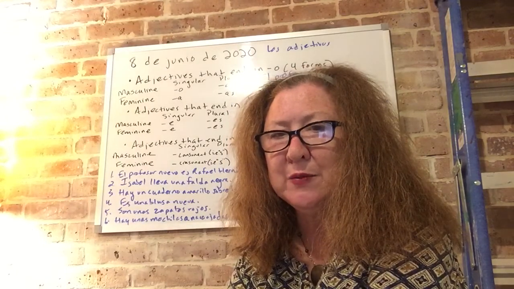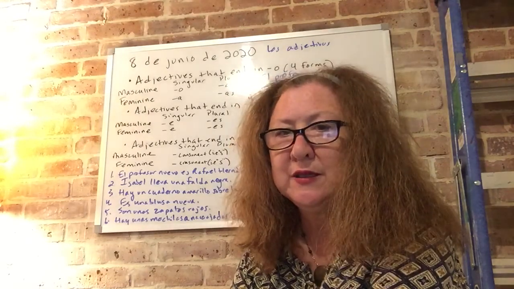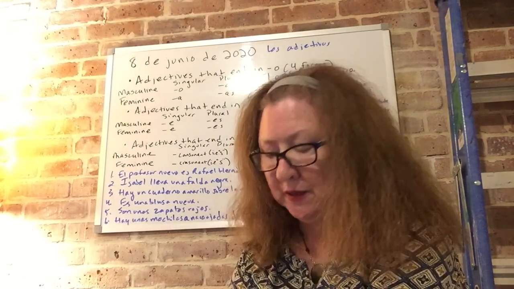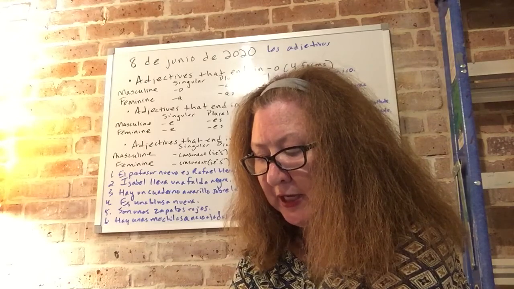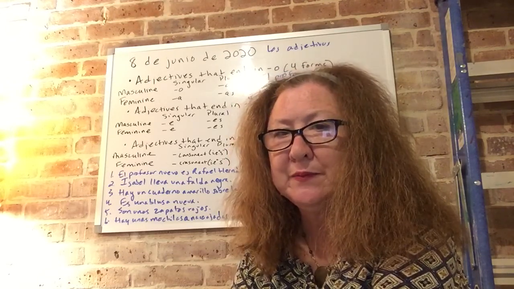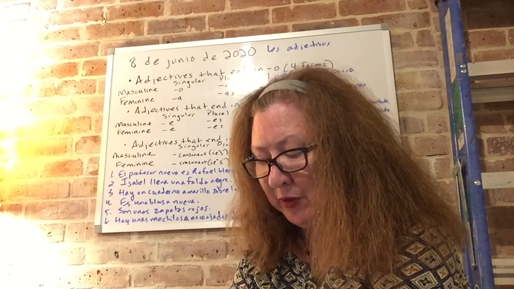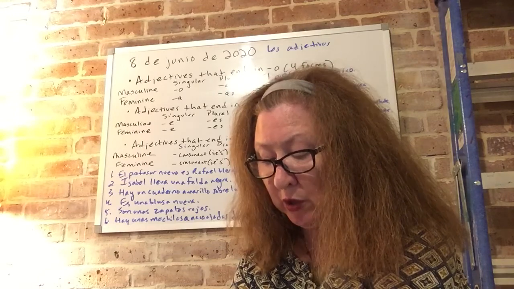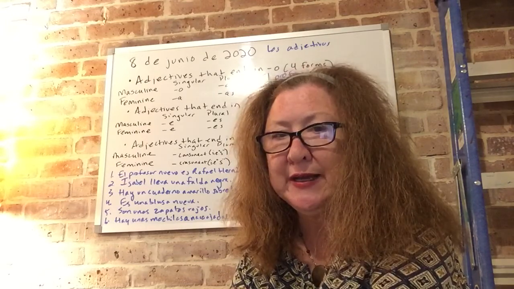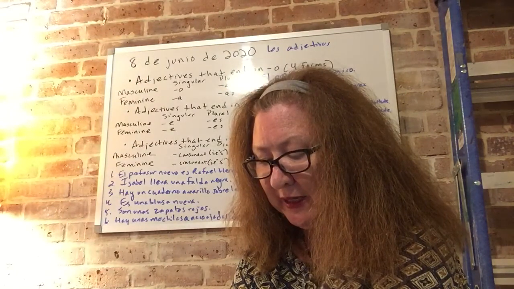So put describe and then put a noun or a pronoun. In Spanish, adjectives must match the gender, masculine or feminine. So put gender in the blank. And number, singular or plural. So put number in the blank. Of the nouns they modify.